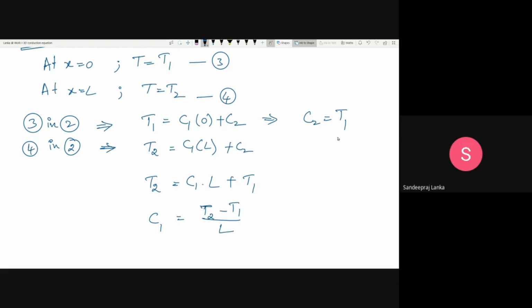So now I got my arbitrary constant values, C2 and C1. The general solution is T equal to, in place of C1, I will write (T2 minus T1) by L into x, plus, in place of C2, I will write T1.